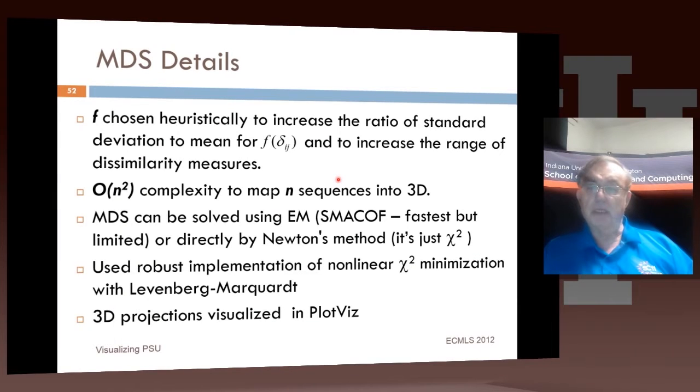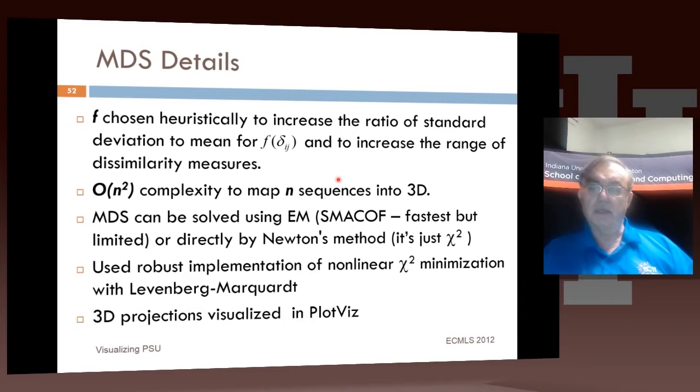So in this monotonic function, we try to choose that monotonic function to spread out that distance and make it have a broader range, because if you have a broader range, you'll get better mappings. If the distances are all very large and don't vary very much and they're all roughly the same number, which is what happens with the raw data, you'll get rather pathological mappings which don't look as good.